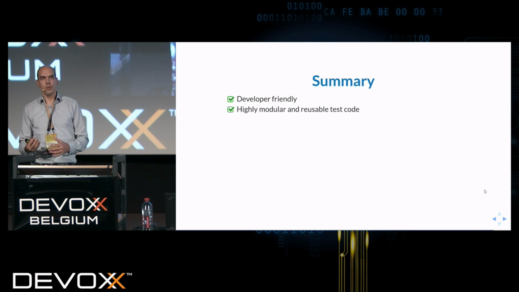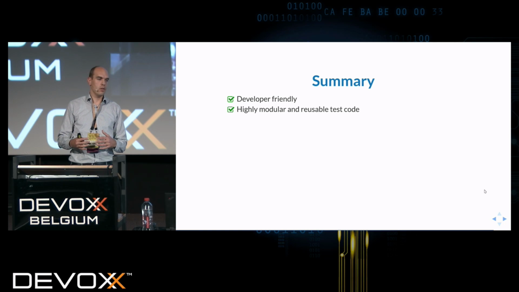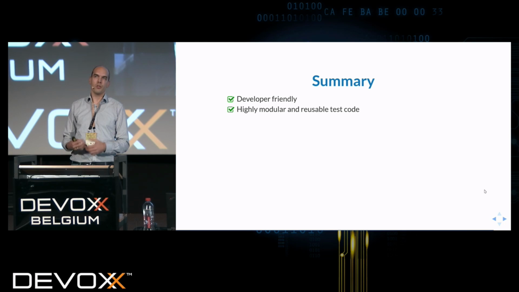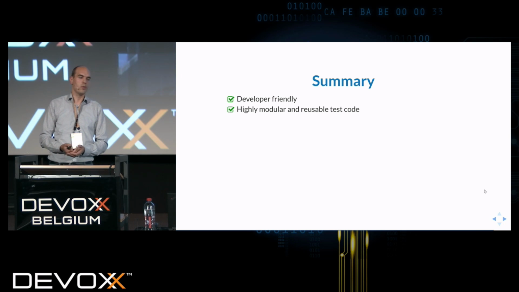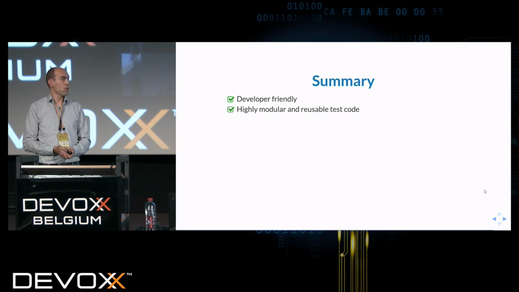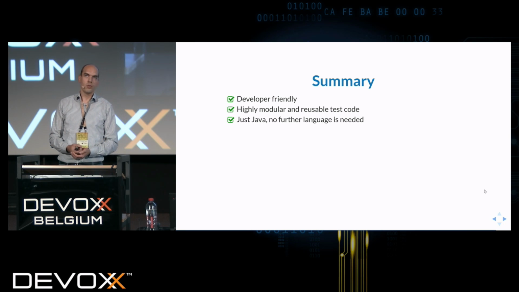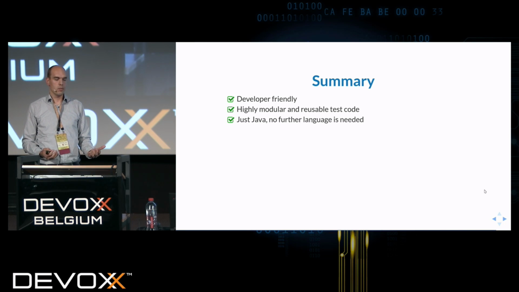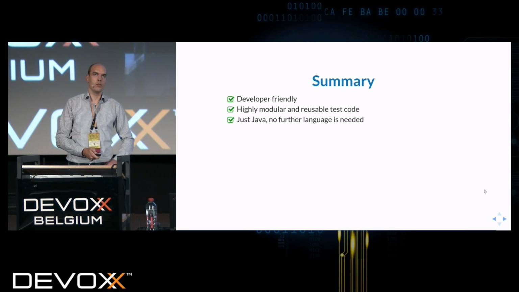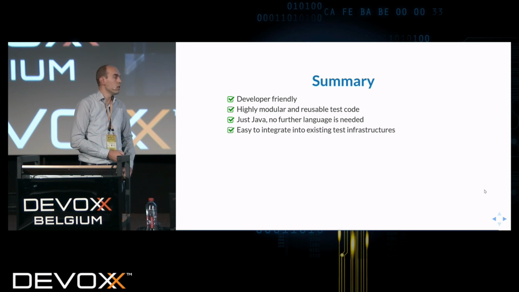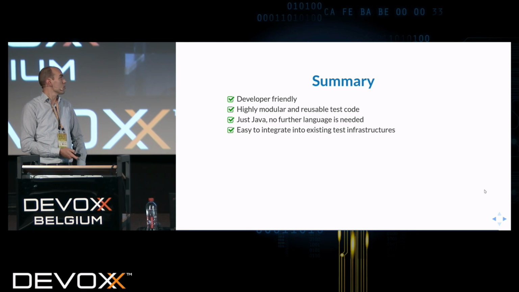It allows you to formulate your scenarios in a highly modular way, and it allows you also to reuse test code. This is what's really important for us, and it really works nicely. It's just Java, so you don't need Groovy or Scala. You can just immediately use it in your Java project without learning a new language or requiring additional tools in your test infrastructure.